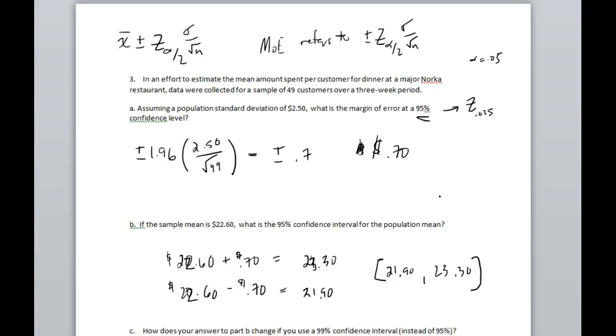So if we could somehow have every single data point, we would know that the mu, like the true average cost of a meal at this restaurant, we can say within 95% confidence is in between $21.90 and $23.30, right?